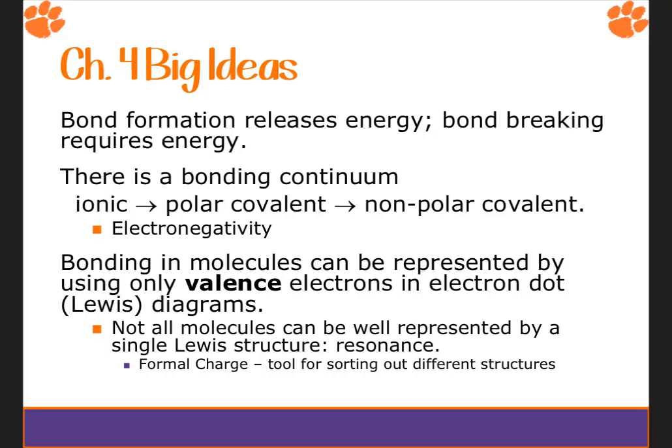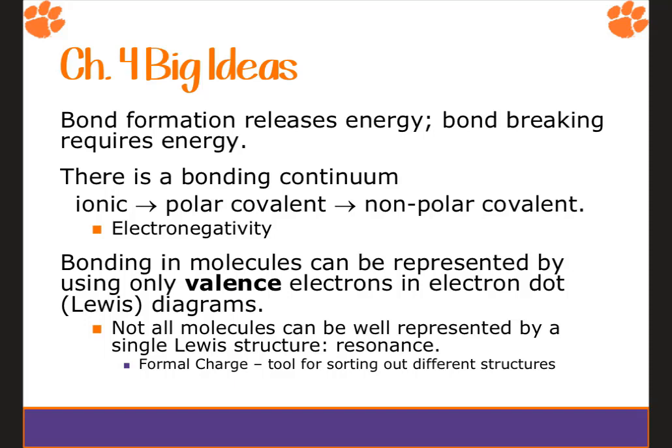When you share electrons, they're not always shared perfectly. We've got polar covalent bonds versus non-polar covalent bonds. In non-polar covalent bonds, we pretty much consider them to be sharing electrons completely equally, polar covalent not so much. And we use electronegativity to justify these.